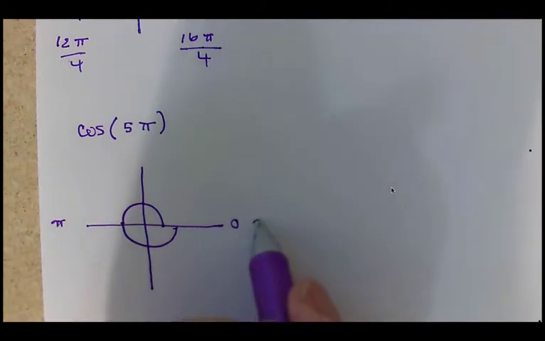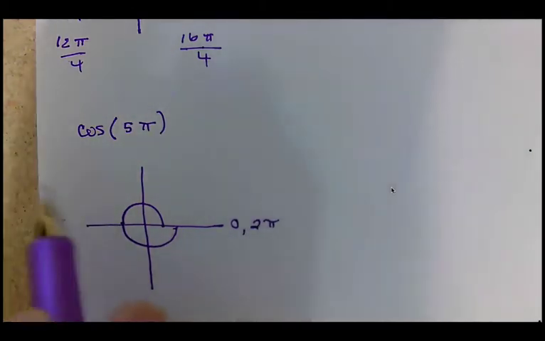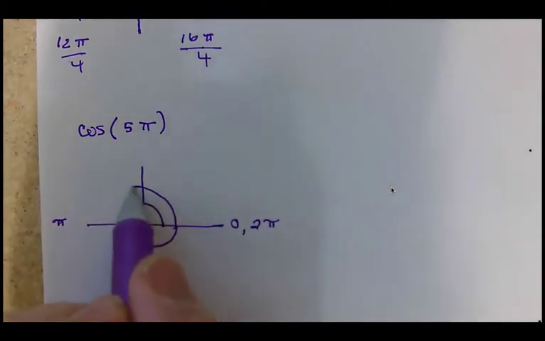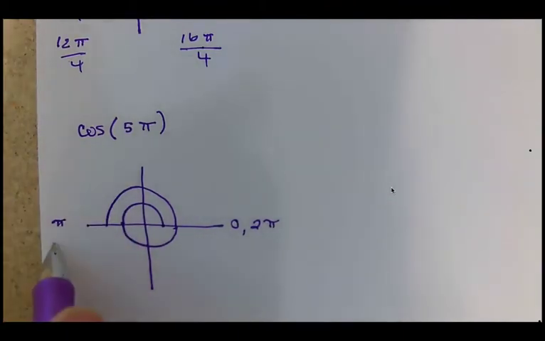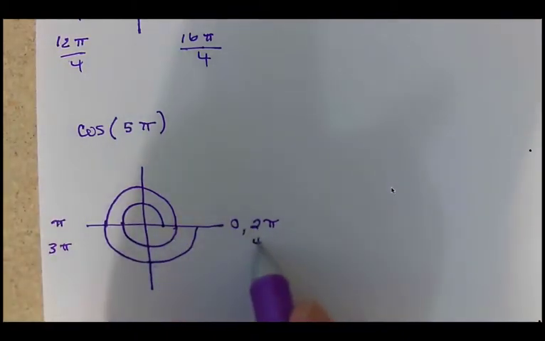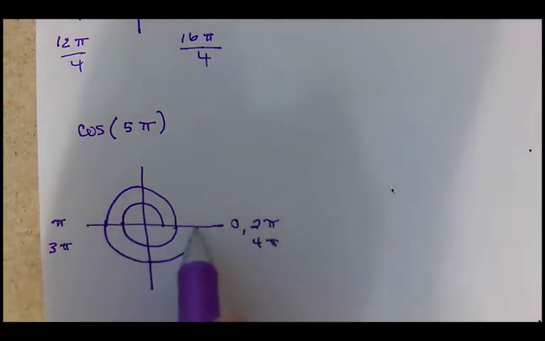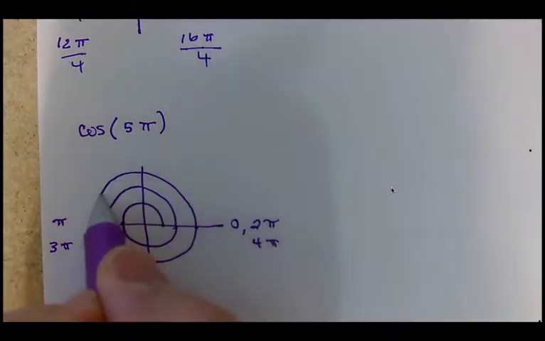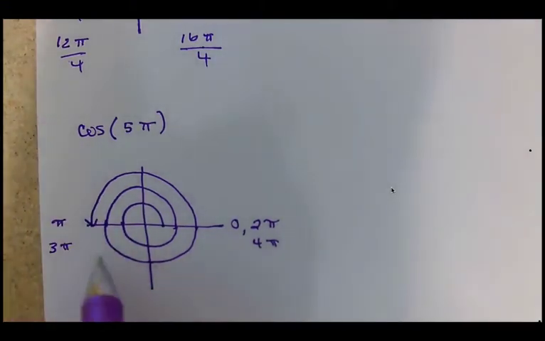We're now at 2 pi. Three pi, 4 pi, and finally we are at 5 pi.